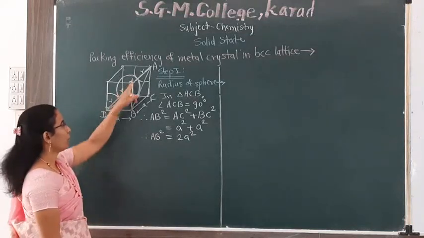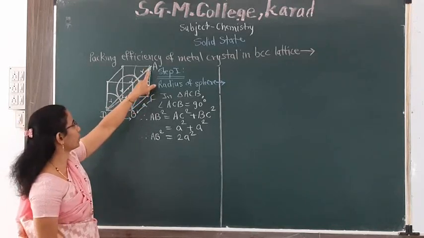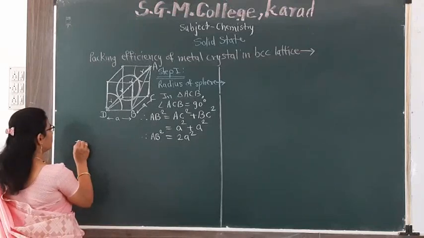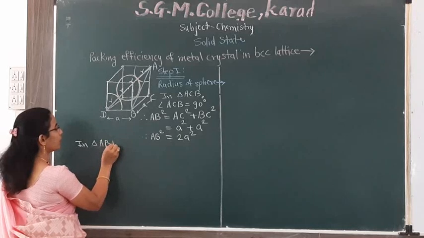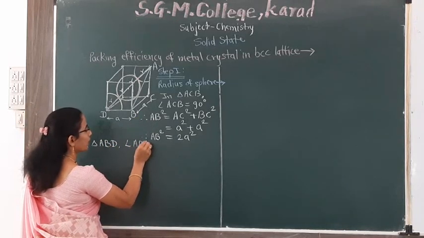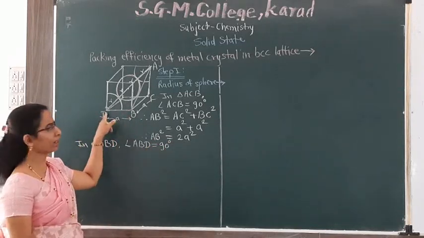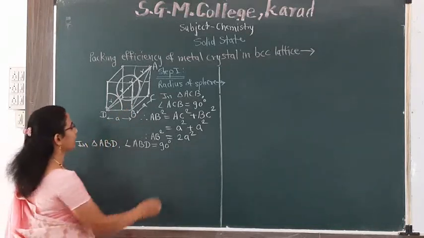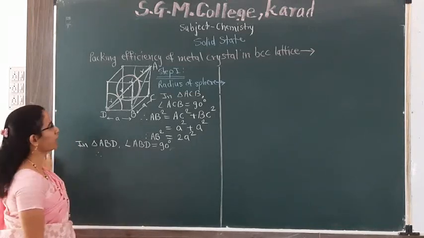Now in order to determine the radius of the sphere, we will consider the triangle ABD. In triangle ABD, again the angle ABD is 90 degrees. Though it is not looking like 90 here, remember well, this angle is also 90 degrees, and therefore again you can apply the Pythagoras theorem.